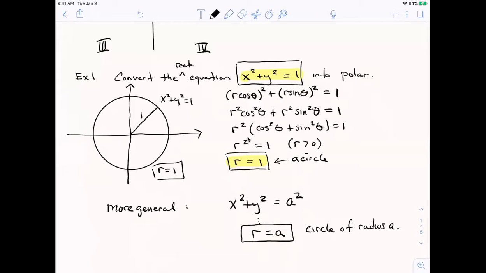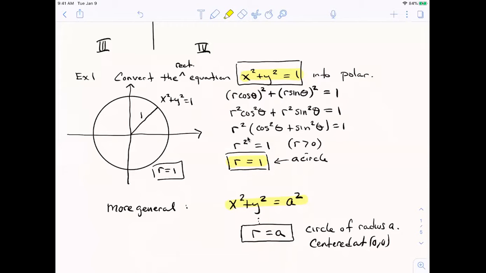All right, so the rectangular equation x squared plus y squared equals a squared describes a circle of radius a centered at the pole, centered at 0, 0 in the xy plane.